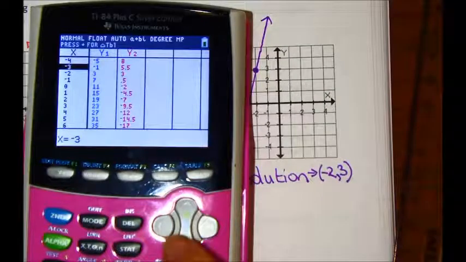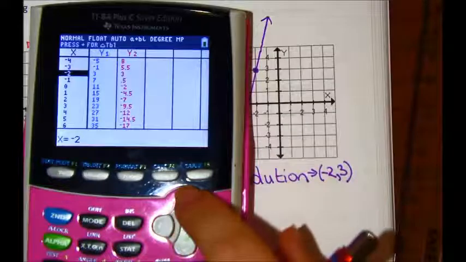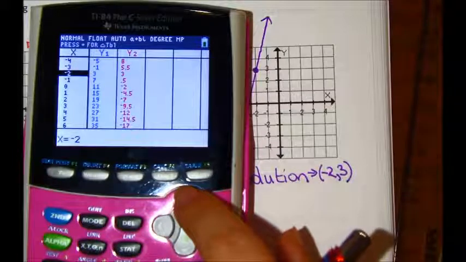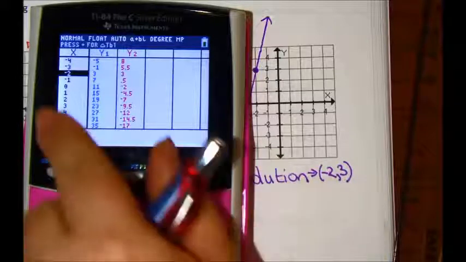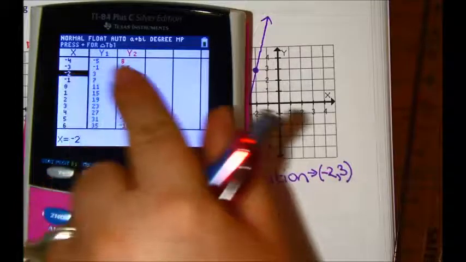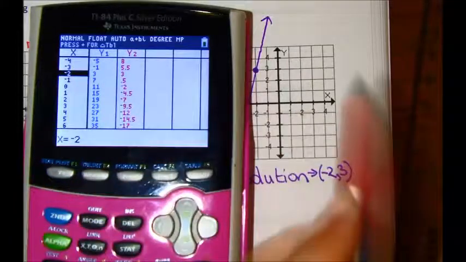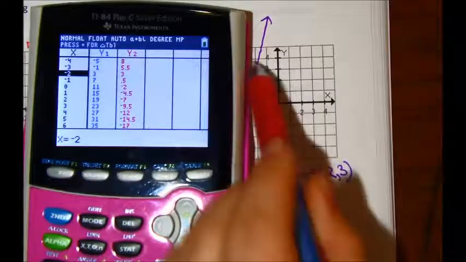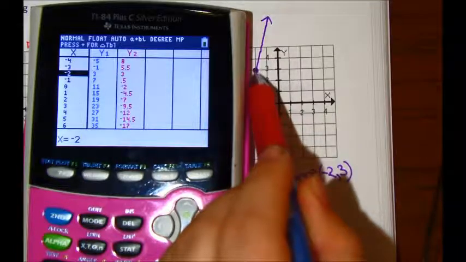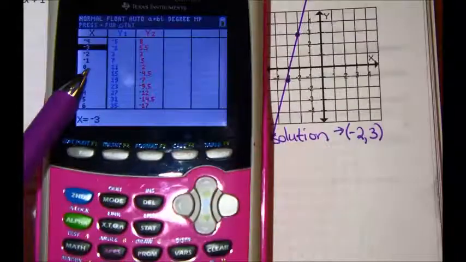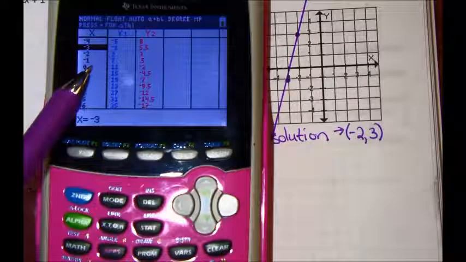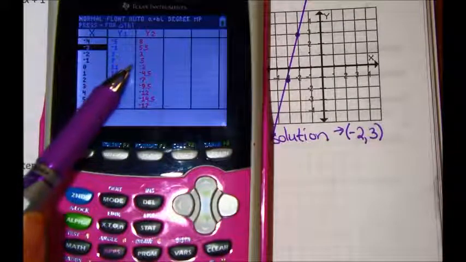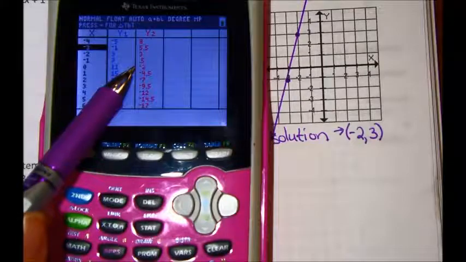My second equation, I need to select more points that are on my graph. At -2, y is at 3. -2, 3. At 0, we can see that the line crosses at y is at -2.